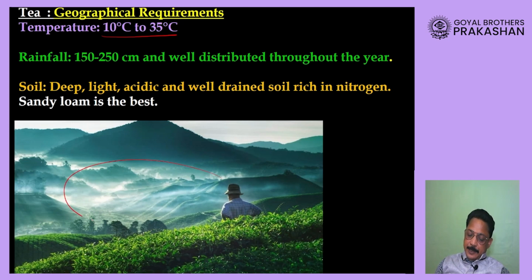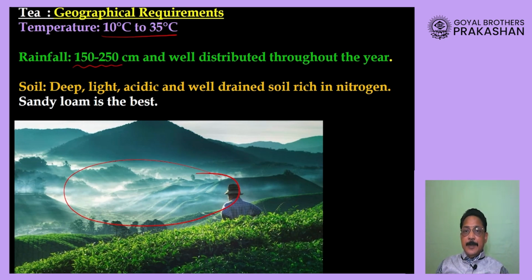And it needs, you can see here, a lot of humidity. Humid conditions are favorable for this crop, and the rainfall requirement is also pretty heavy. You need rainfall of 150 to 250 centimeters for production of this crop.